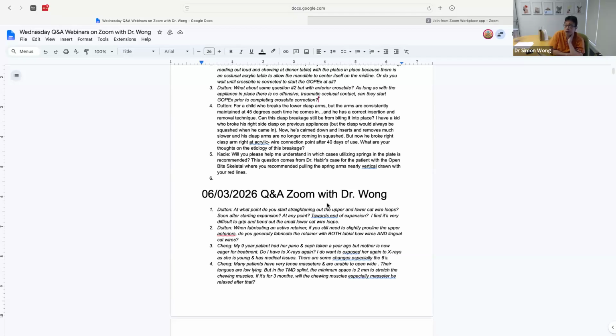And that allows the bite to close down, because if you reduce the vertical dimension of the posterior teeth, then the incisors, which are in an open bite relationship, can meet if the mandible can be rotated more than the current occlusal relationship.